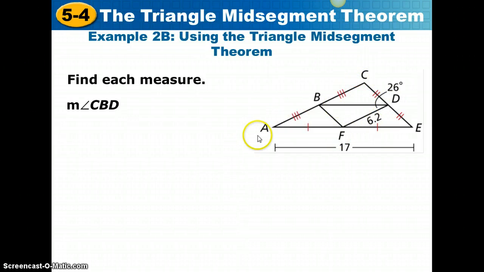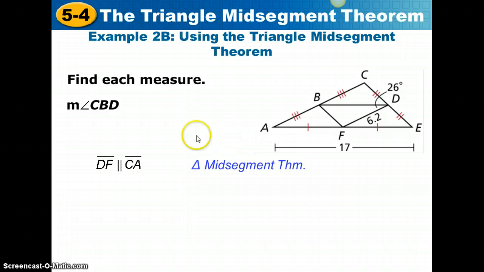Since DF is parallel to AC, we get parallel lines AC and DF cut by transversal BD. The reason I want to use these lines cut by this transversal is because they give me the measure of BDF, which is 26 degrees. I get alternate interior angles created by CBD and FDB, so this would also equal 26 degrees. DF is parallel to CA.